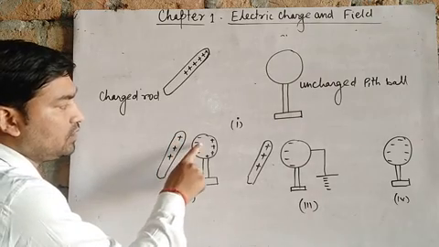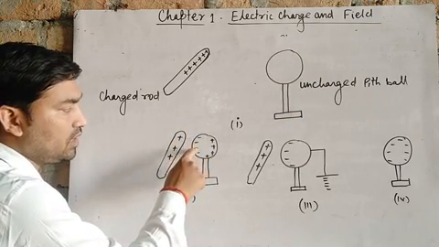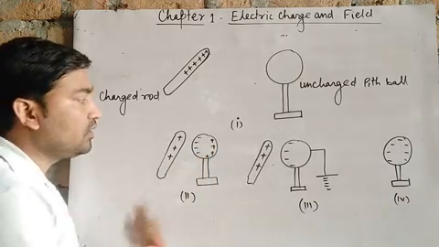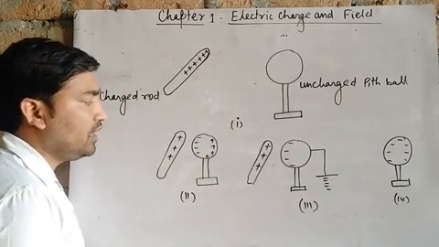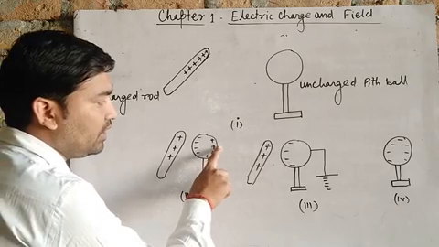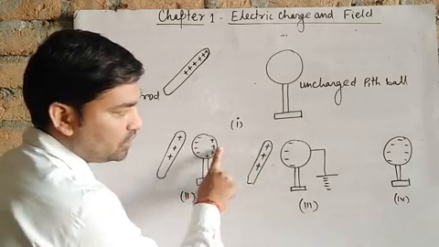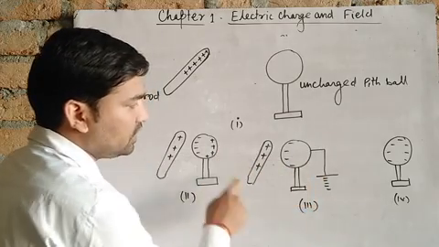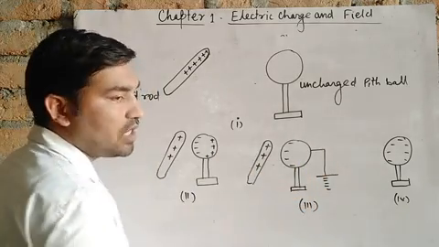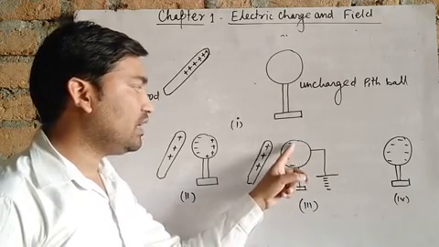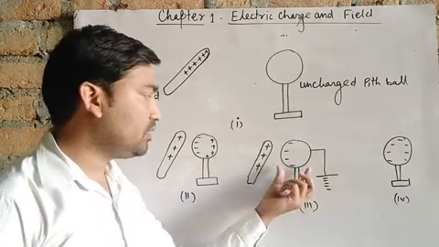Then negative charges appear on the closer surface and positive charges appear on the farther surface. Whenever we ground this portion, electrons come from the ground and neutralize the positive charge, and only negative charge appears on the pith ball.